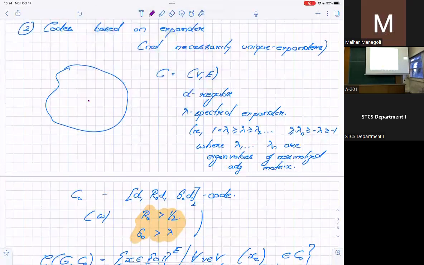We're looking at this one vertex, it has D neighbors, and what you see over here should be a member of the small code.